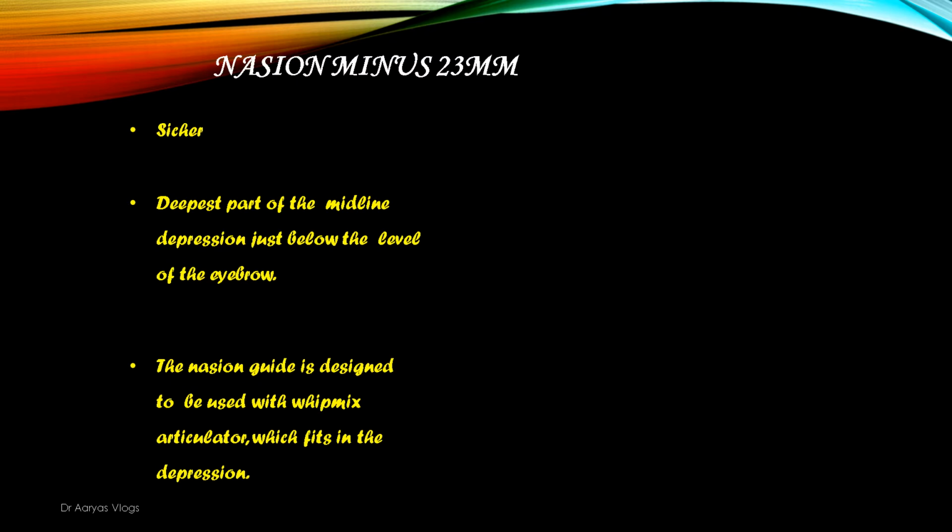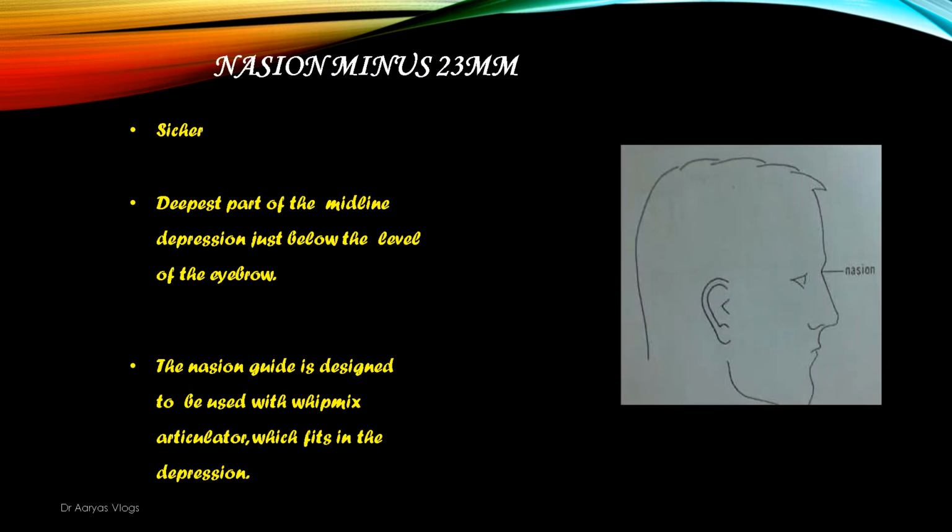The next one is the nasion or nasion minus 23 mm. Here it is the nasion. According to Seizure, another skull landmark, nasion, is located in the head as the deepest part of the midline depression, just below the level of eyebrow. And the nasion gate is designed to be used with Whip-mix articulator which fits in the depression.